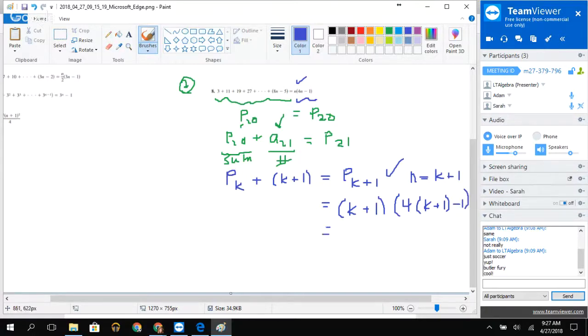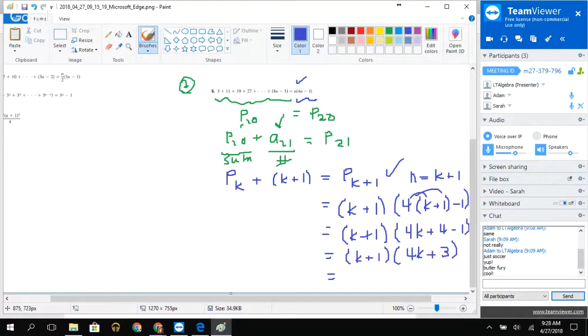Okay, so then let me do some simplifying. I have k plus 1 times 4k plus 4 minus 1. So I just distributed my 4. Then I have k plus 1 times 4k plus 3.